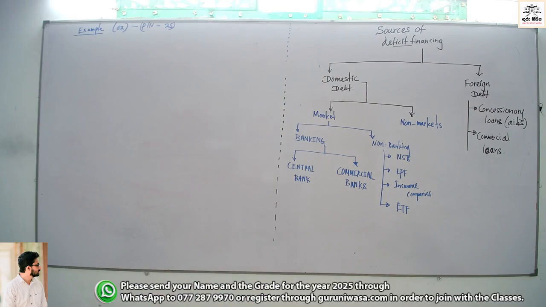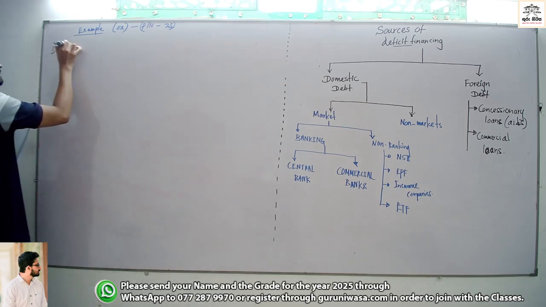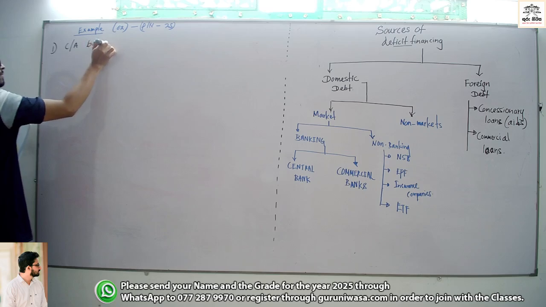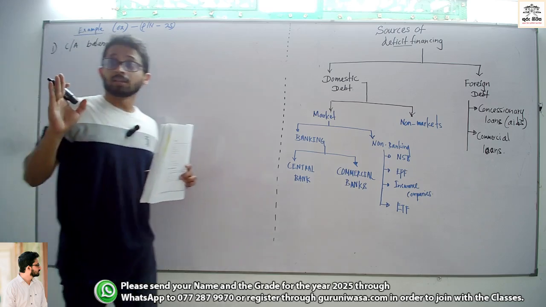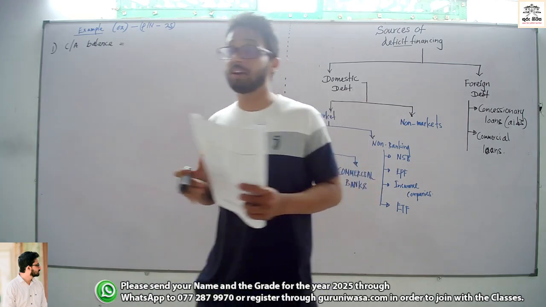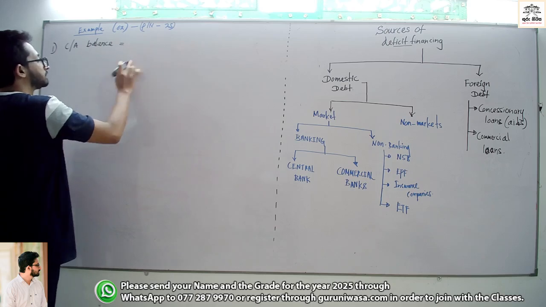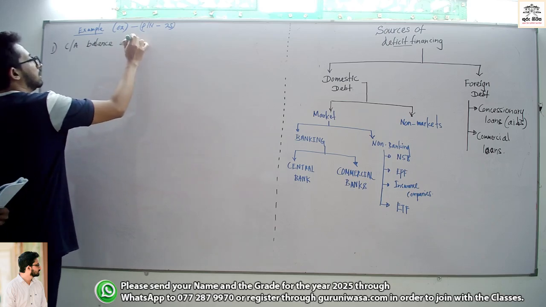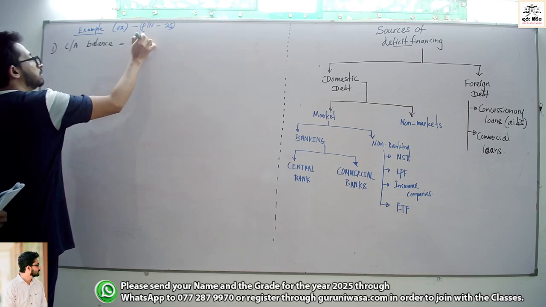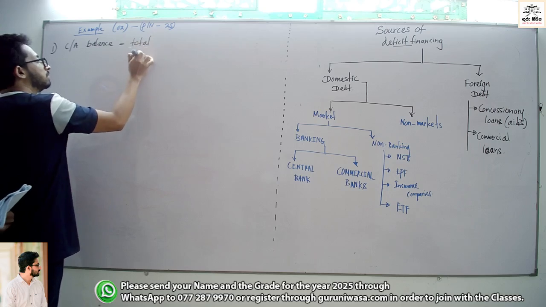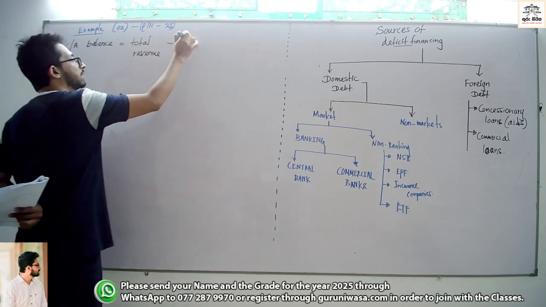Write down the equation, how to calculate current account balance. Current account balance equals... not the receipts, only government revenue. When calculating current account balance, total revenue should be taken into account. Total revenue minus recurrent expenditure.